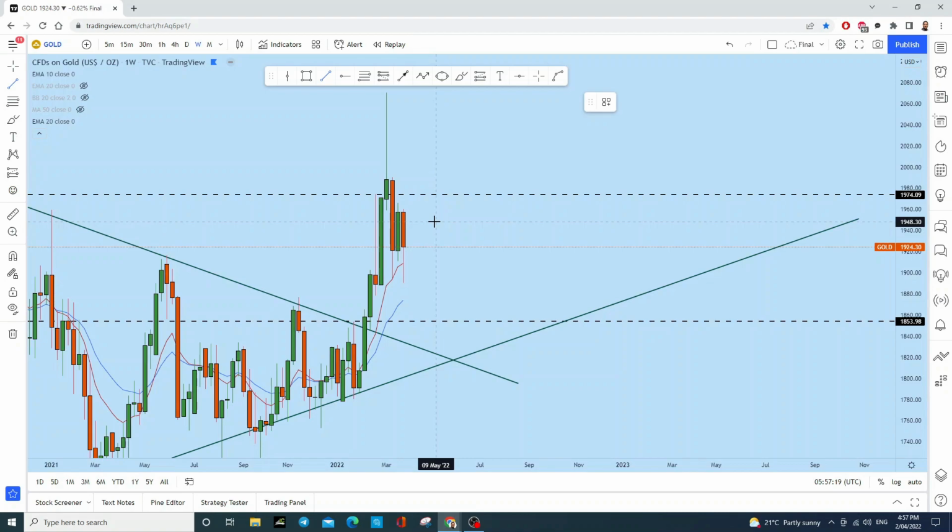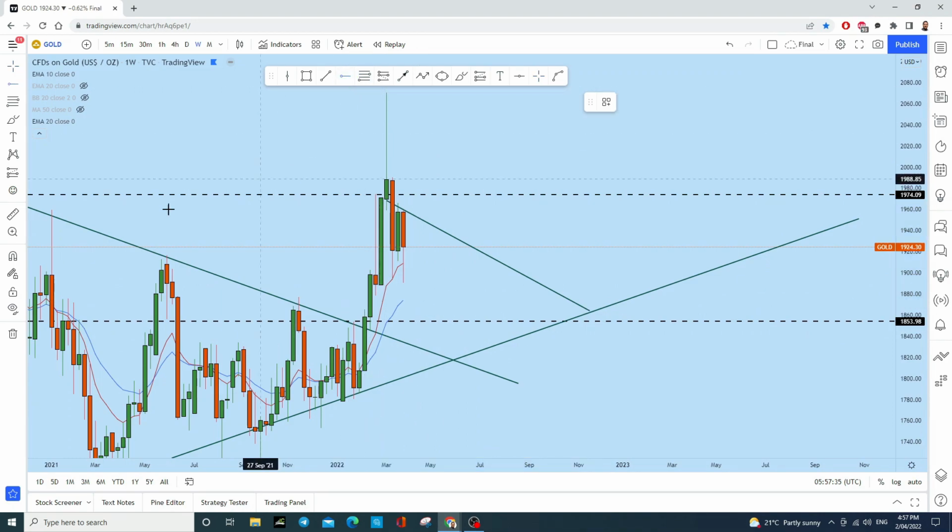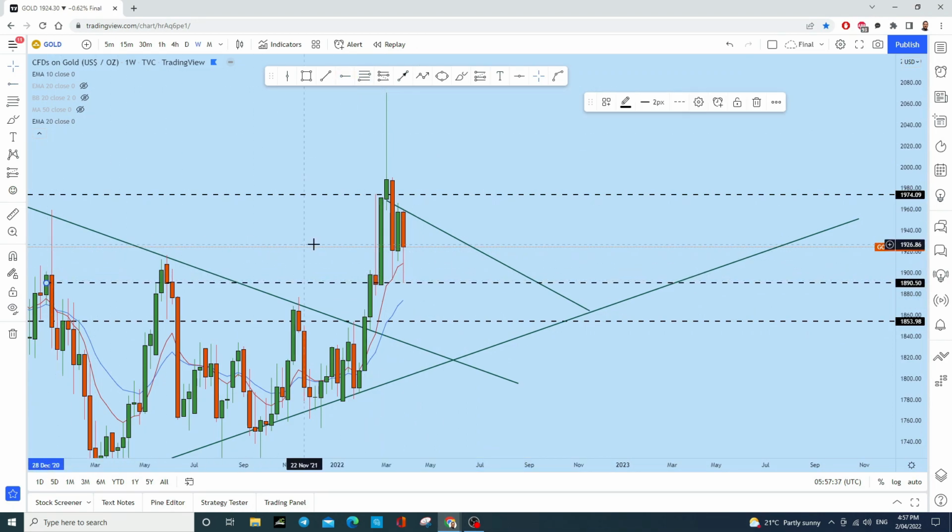Now this range that I have given is the monthly range. So what might happen this week on gold? This week gold could rise up to this level and could drop. Okay, so could drop to this level of support. Let me draw this level of support. So this week gold could trade in this range.